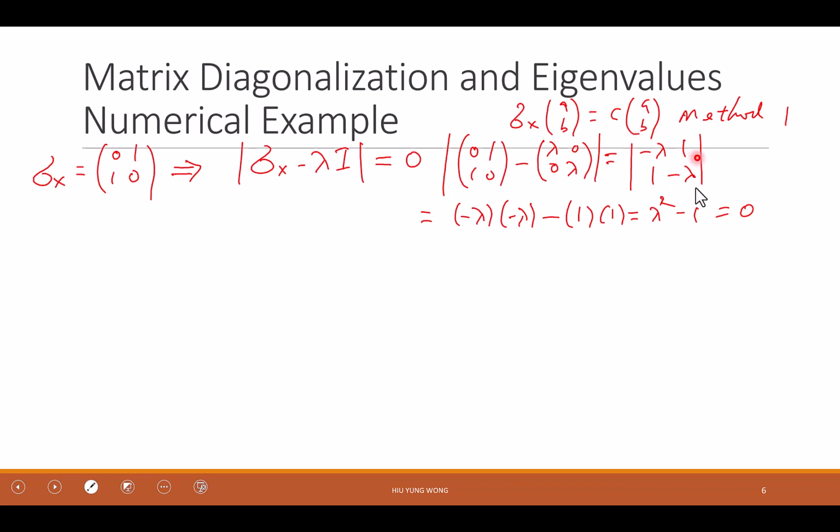That is the determinant. You get this. So what is lambda based on this? Is this the same as what we learned earlier? It's the same, so that is just another, equivalent way. This is method 2.